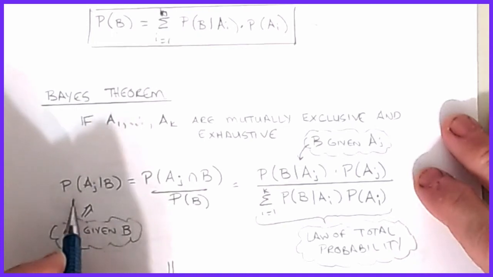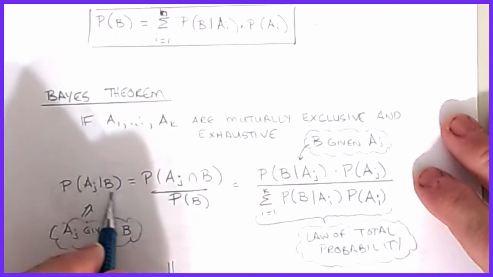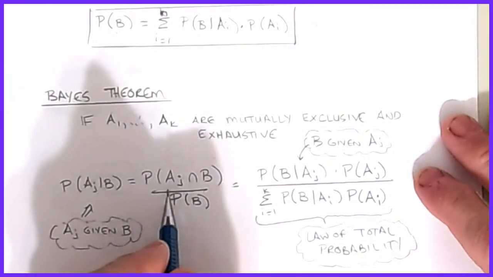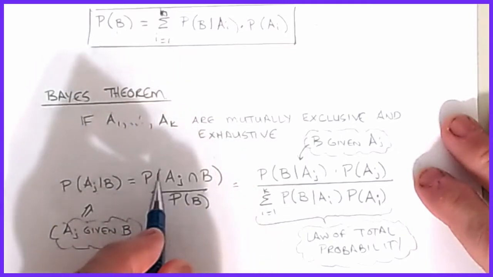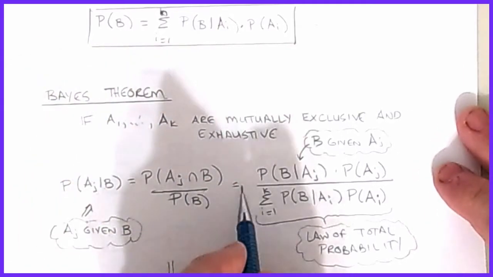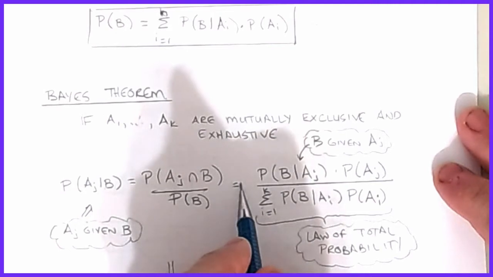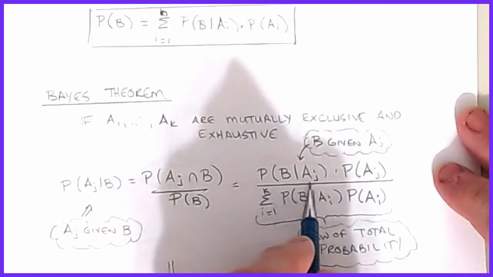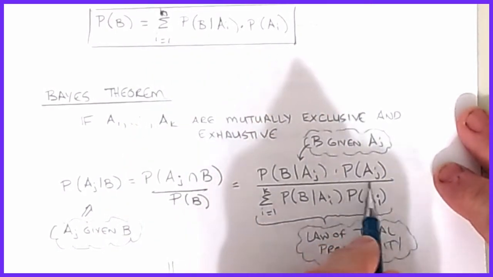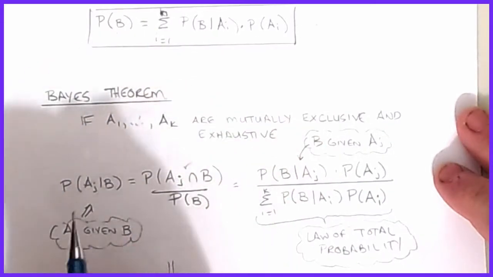The probability of an event AJ, given that B has occurred, we know would be this equation. That's our basic probability equation. But I can correlate this back to also being the probability of B given AJ multiplied by the probability of AJ, because this term is common to both of those.